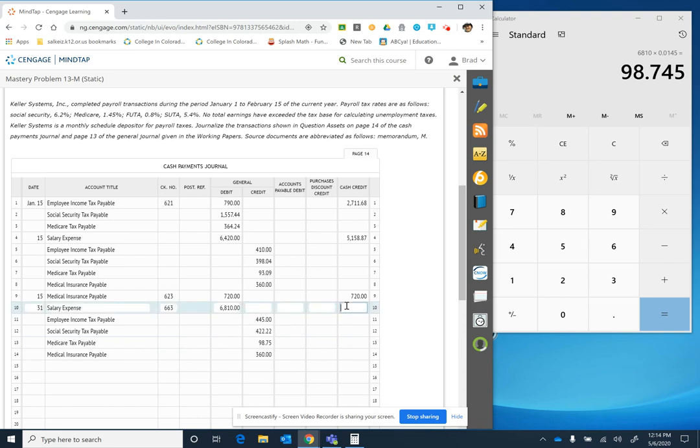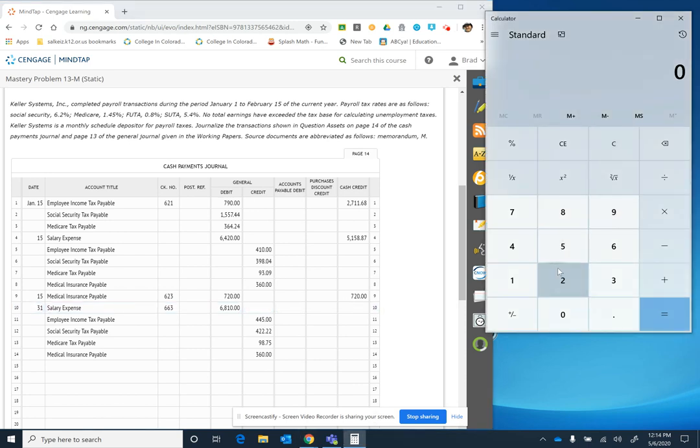We have to figure out how much we're going to write our check for. So we have to take our salary expense minus all our withholdings. We'll take $6,810 minus $445 minus $422.22 minus $98.75 minus $360, and that comes out to be $5,484.03.